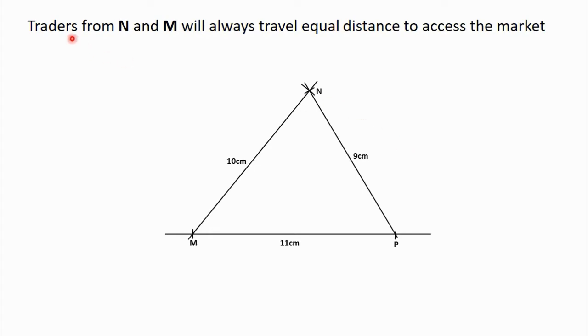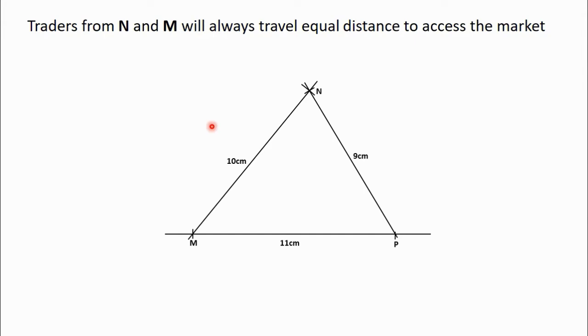In locating the market, we have been told that the first condition is that the market should be such that traders from town N and town M will always travel equal distances to access it. This means that the distance between the market and town M should be the same as the distance between the market and town N, meaning that the market should be equidistant from town M and town N.